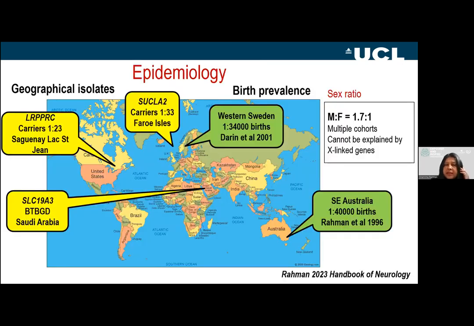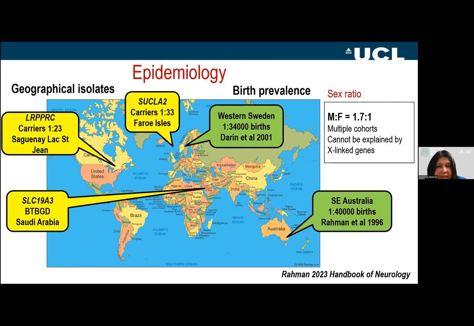Also, in that period, it became obvious that there are some areas of higher prevalence of Leigh syndrome, such as in the Saguenay-Lac-Saint-Jean region of Canada and in the Faroe Islands, but 2 studies from very different parts of the world in Sweden and in Southeast Australia had shown that the minimum birth prevalence is something between 1 in 30 and 1 in 40,000.